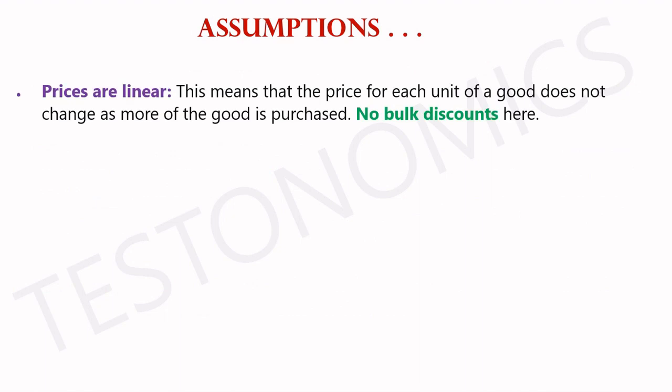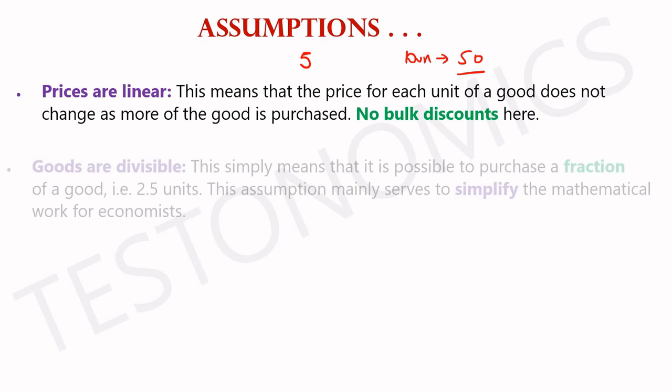Next, we also assume that prices are linear, which means that there are no discounts if the consumer buys more of a quantity. So if 1 unit costs a person, let's say, 5 rupees, then 10 units will cost that person 50 rupees. So there are no discounts as such if the person buys more of the good.